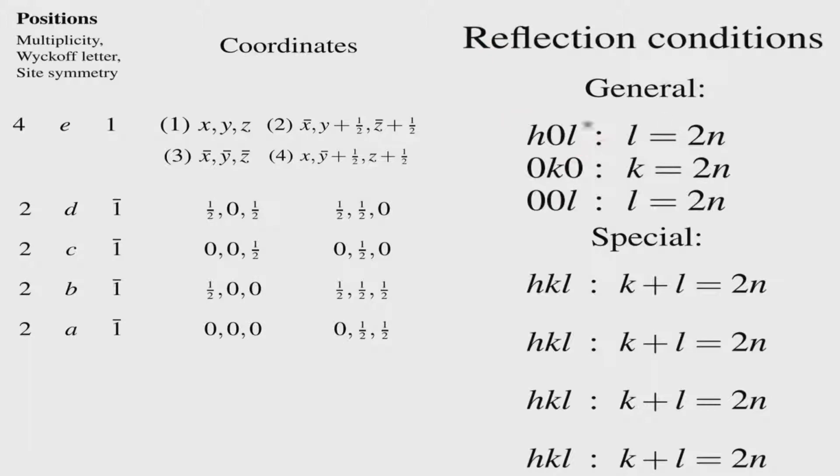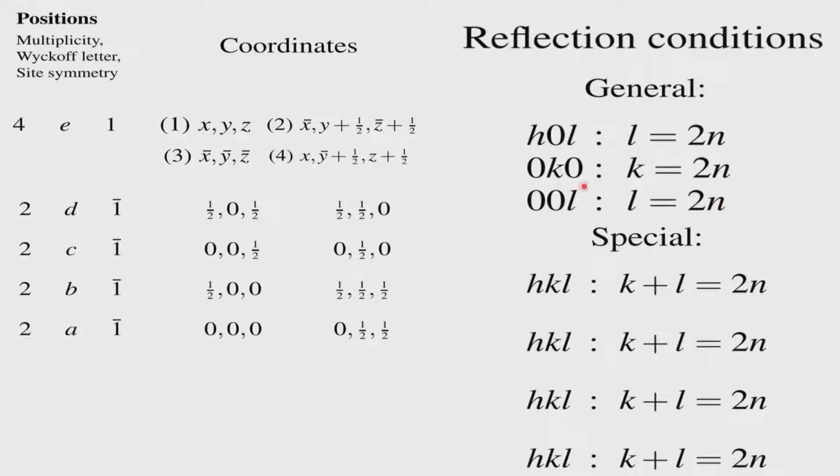Here the general reflections show the presence of 2 1 by c uniquely. So you can determine the space group without any fuss, because this will have HOL l odd absent and 0 k 0 k odd absent. The HOL l equals 2n will also additionally introduce a condition 0 0 l even, because you put h equals 0 there, and l even will be the reflection that is present.